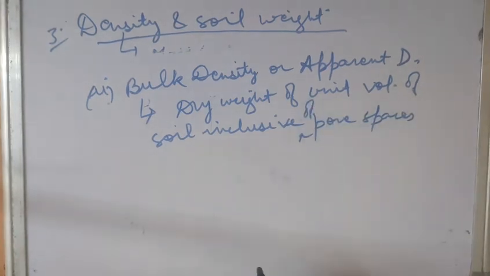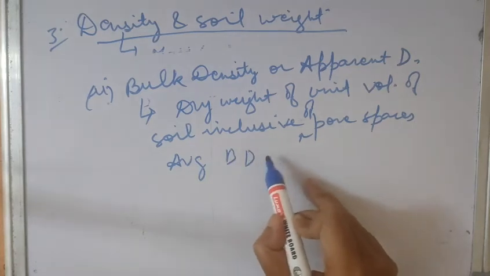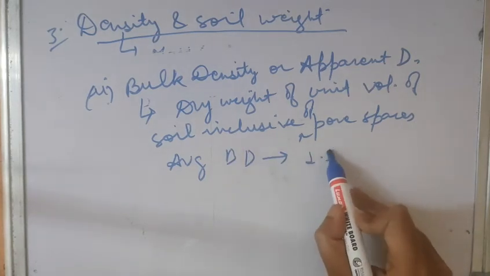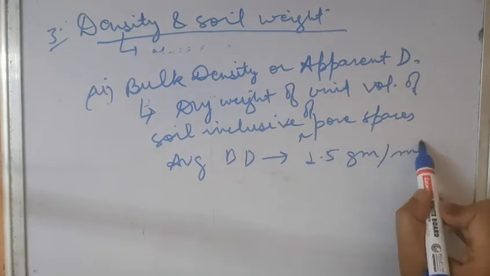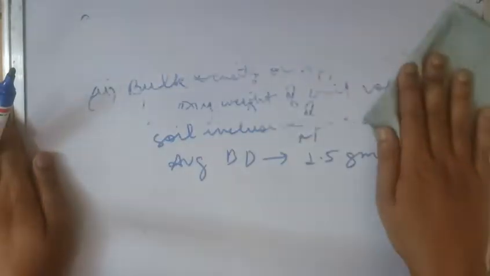So the average bulk density of soil is 1.5 gram per ml. So this was all about density of soil. Now moving on to porosity of soil.